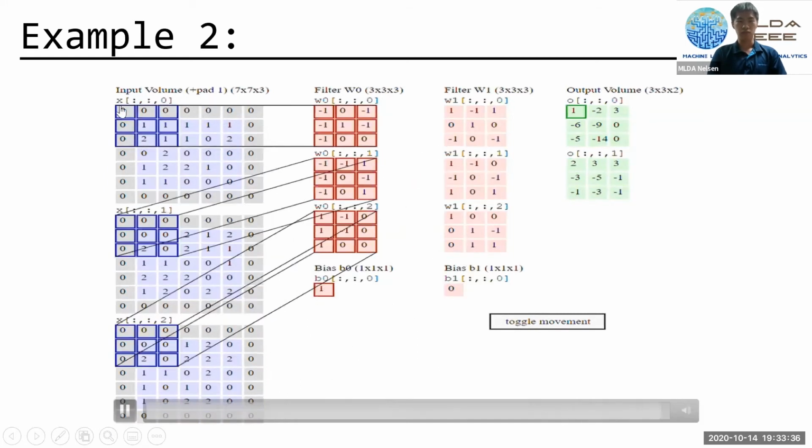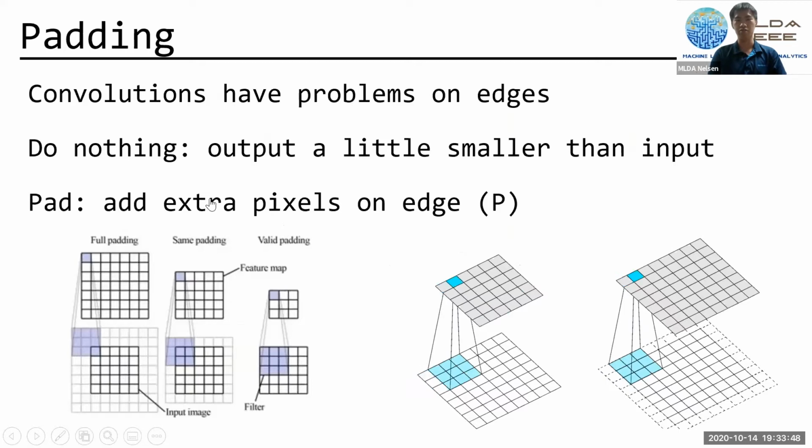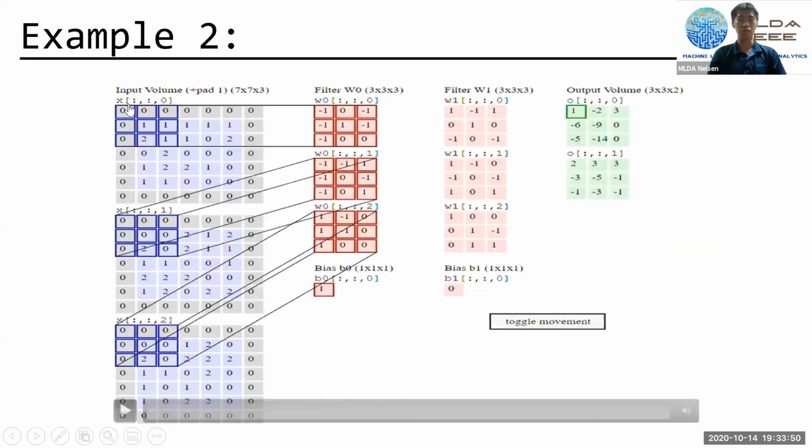What it does is that you always add a zero. Usually we do zero padding. So we put a number of zeros on the top, bottom, left and right. If the number of padding is zero, that means we don't add anything. If the number of padding is one, we add this column and this row.